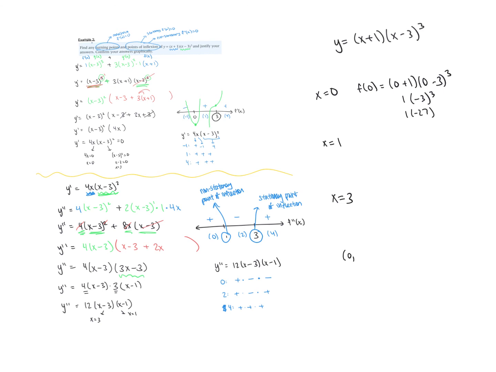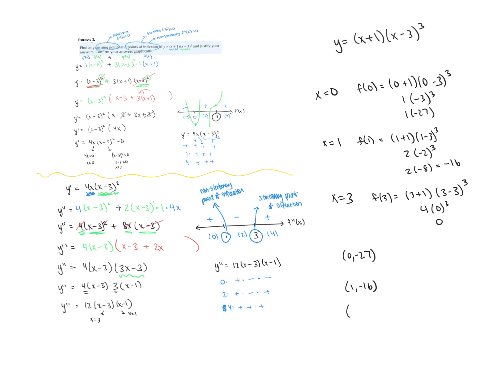So I have the point (0, -27). When I plug in 1, I have 2 times (-2)^3. So that's 2 times -8, which is -16. And when I plug in 3, I'm going to have 4 times 0 cubed, so that's 0.